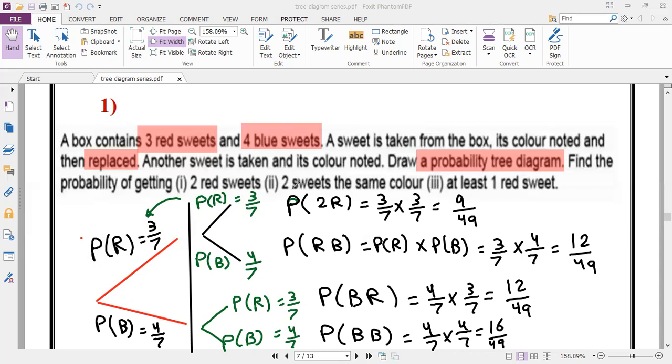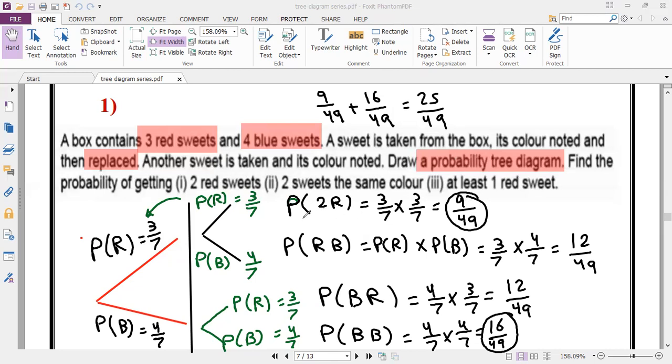Two sweets the same color. Because I want two sweets of the same color, we will take the two red plus the two blue, and then you will add them. It will be what? 9/49 plus 16/49 equals 25/49. At least one red sweet.